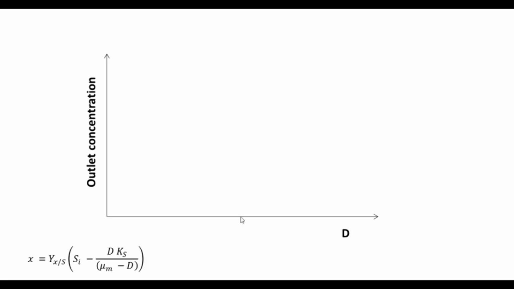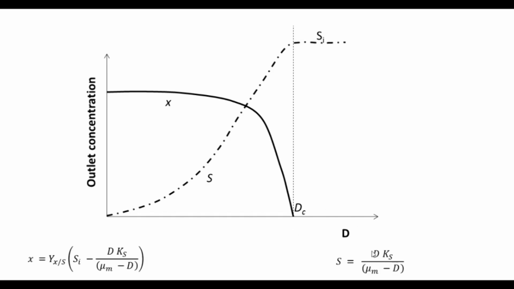If we convert this into a graph, it is going to look something like this. The drop is very steep here, closer to the Dc. At the critical dilution rate, there are no cells present in the outlet. The cell concentration is 0. And from the expression that we derived, S equals D Ks by mu m minus D, the substrate concentration goes something like this.